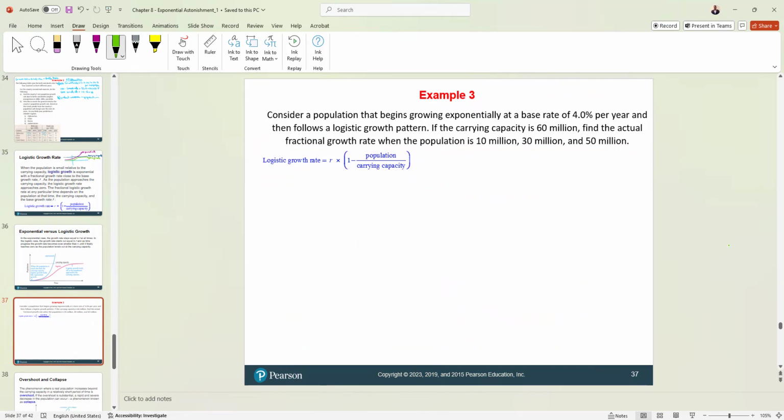The first question, when the population is 10 millions, okay, sorry about that. When the population is 10 millions, we're gonna say logistic growth rate.